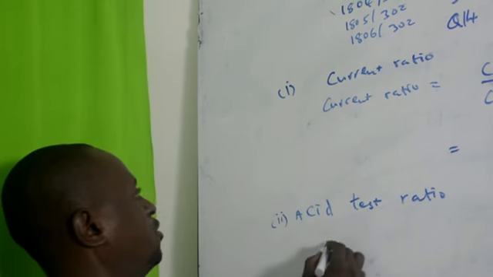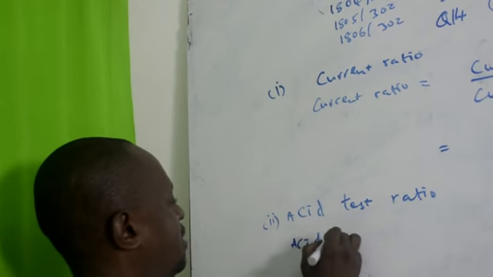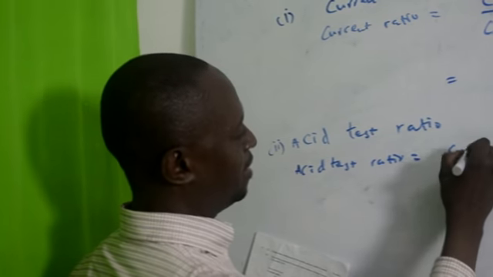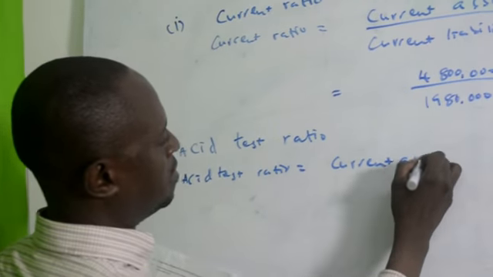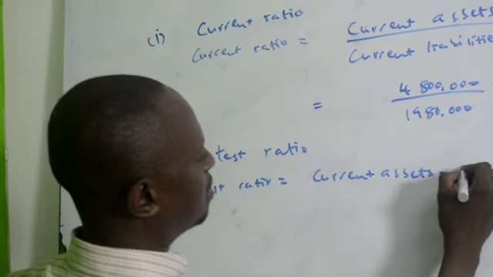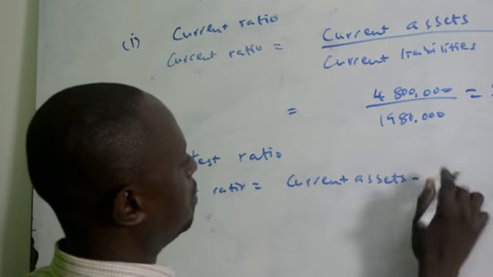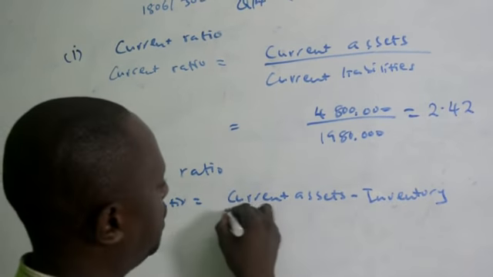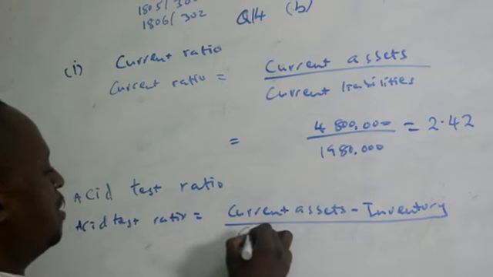So acid test ratio equals current assets minus inventory, divided by current liabilities.